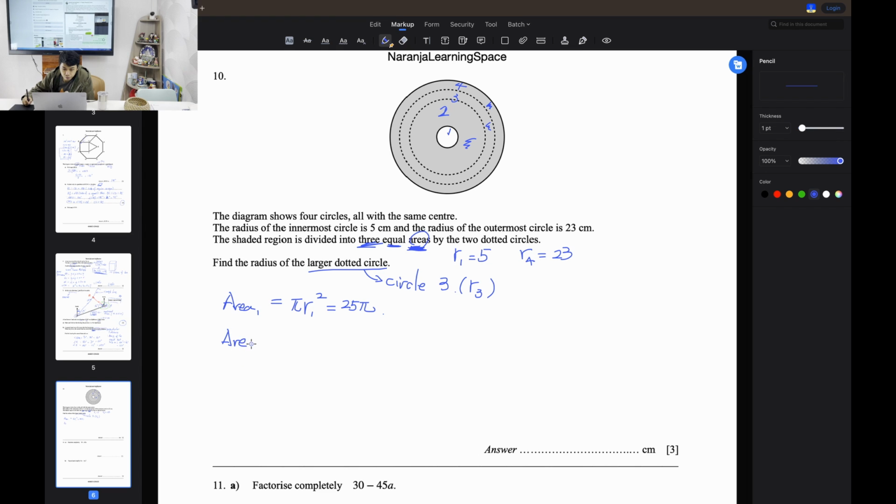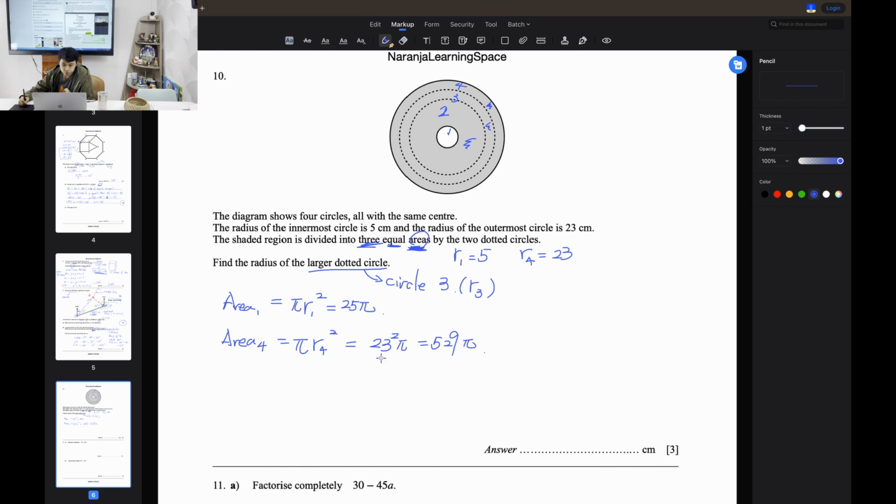Area 4 equals pi R4 squared equals 23 squared pi, which equals 23 times 23, 529 pi.